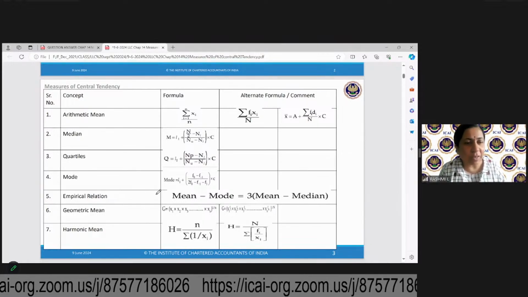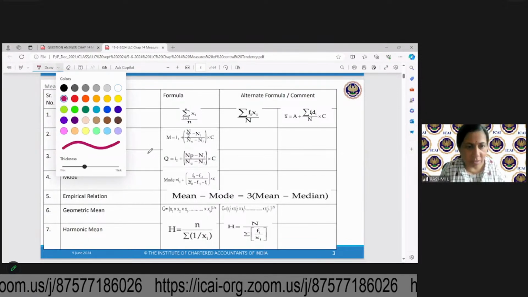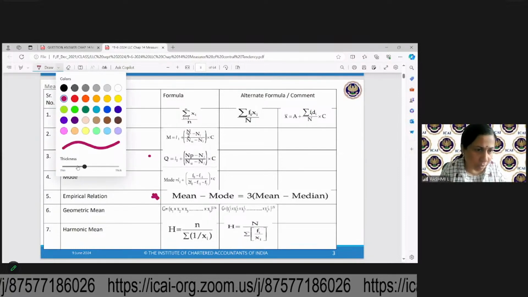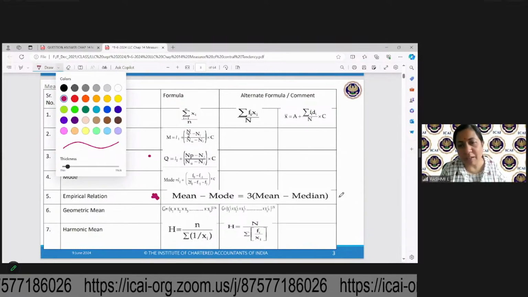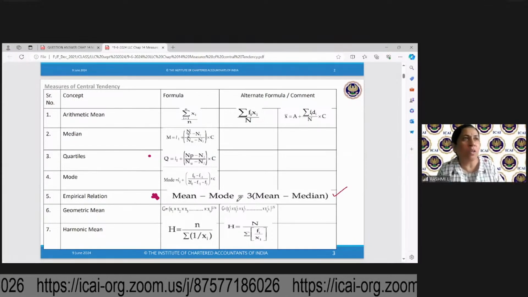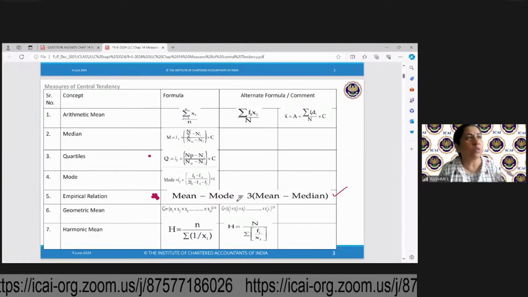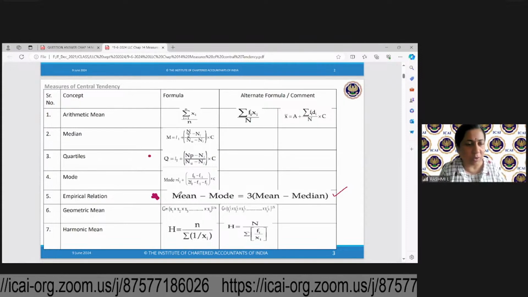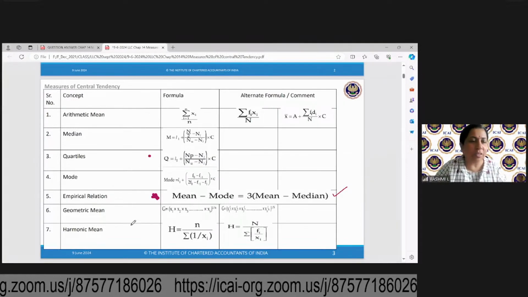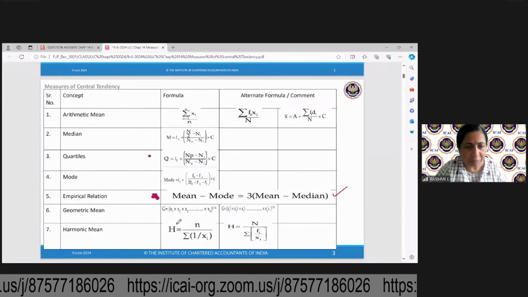Then there is this empirical relation, which is also a very important formula wherein you can get a question like mean and median are given, find mode, or either way. If you know it, then you can easily get the marks on this type of question. Then we have the geometric mean and the harmonic mean. This is just a formula sheet, and we will be going into details after this.